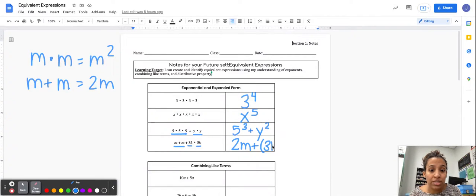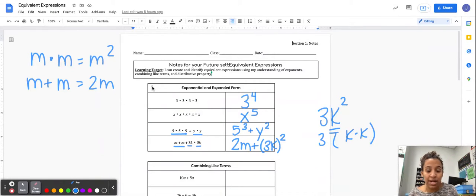So I had to put 3k in parentheses because 3k is being multiplied by itself 2 times. If I said 3k squared, that means that k is being multiplied by itself twice, and then we would multiply that by 3. So because we're grouping 3k, we have to put that in parentheses.